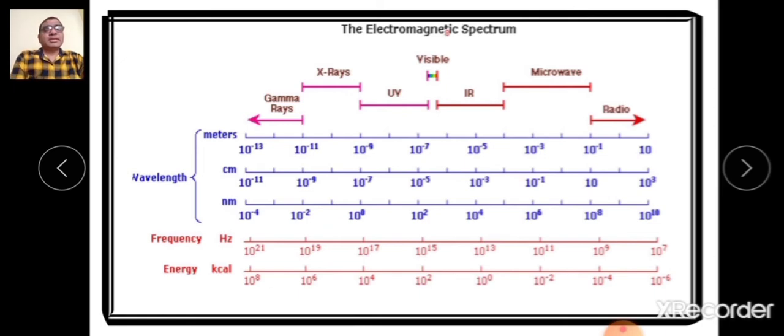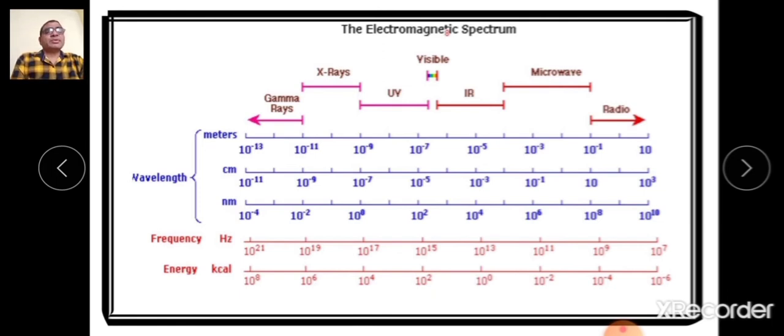Now, here on the left side of the spectrum, shorter wavelengths having high frequency are shown, while on the right side longer wavelengths having lower frequency are shown. As wavelength is measured in different units, therefore there are different units like meter, centimeter, nanometers are given.